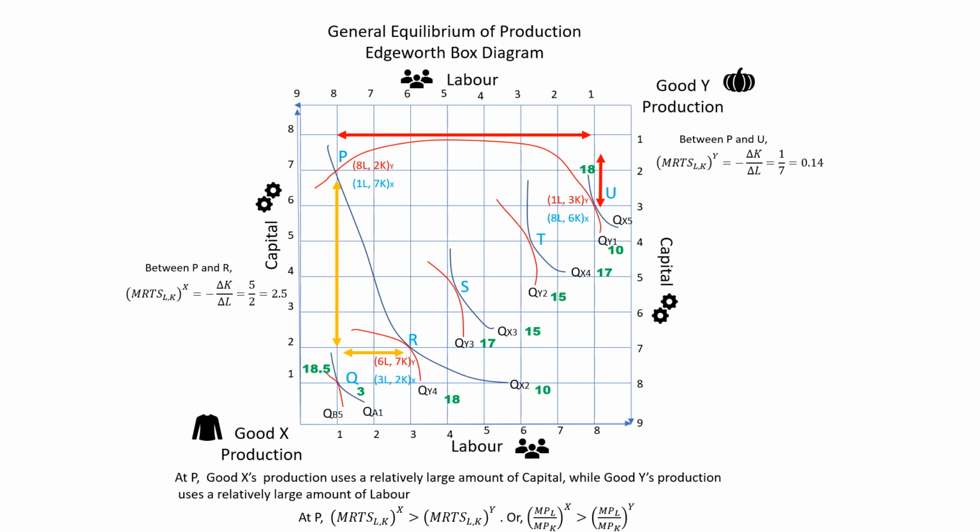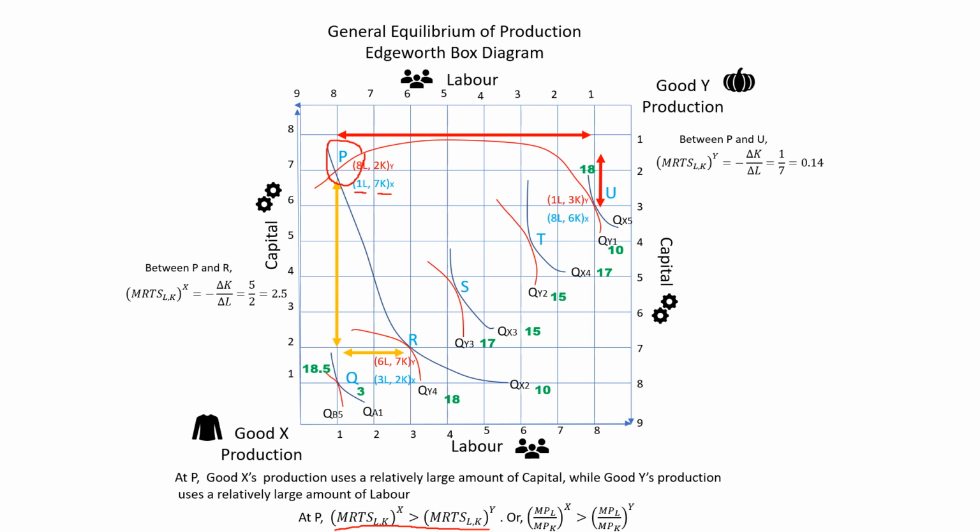Now let's again start with an initial point, a point like point P, where the marginal rates of technical substitution in the production of these two goods X and Y are not equal to each other. At P, as far as good X is concerned, we are using 1 unit of labor and 7 units of capital.